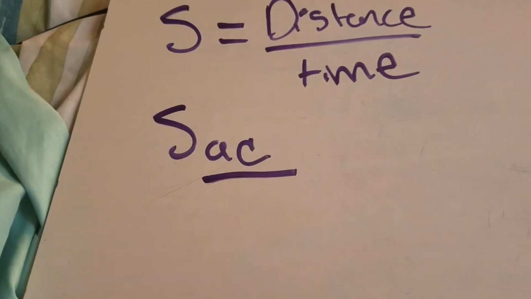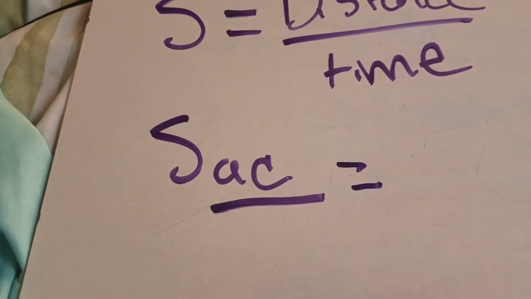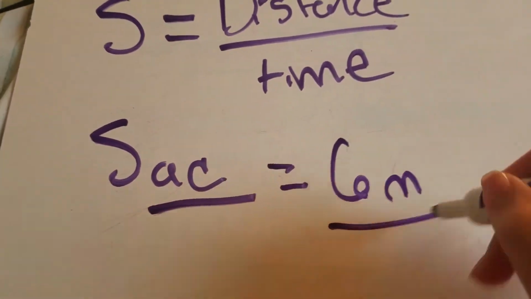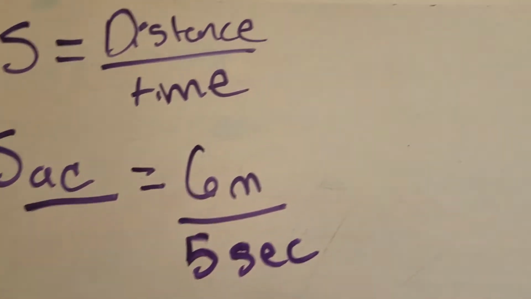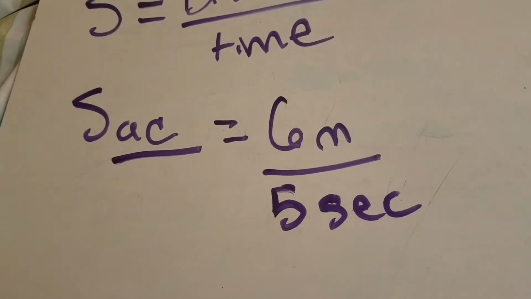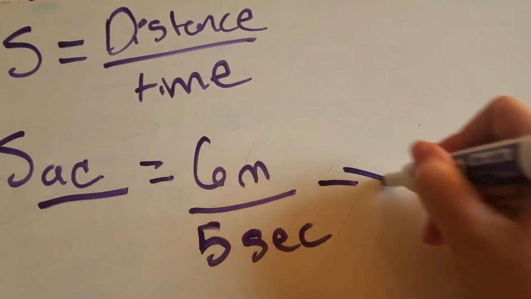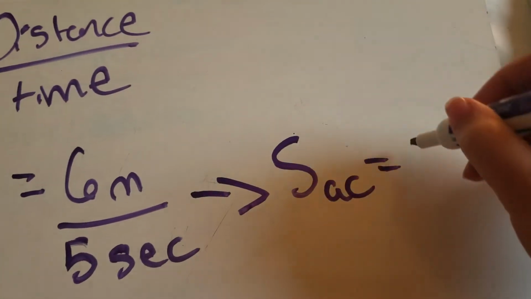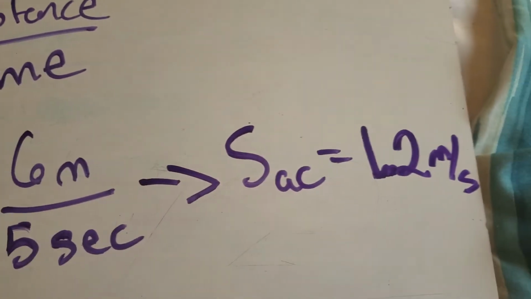So my speed of AC is going to be equal to my distance, which I'm given as 6 meters, over my time, which I gave as 5 seconds. Just like with the stoichiometry, guys, as long as we set this up correctly, it's pretty easy. Now all we have to do is calculate. So my speed of AC is going to be 1.2 meters per second.